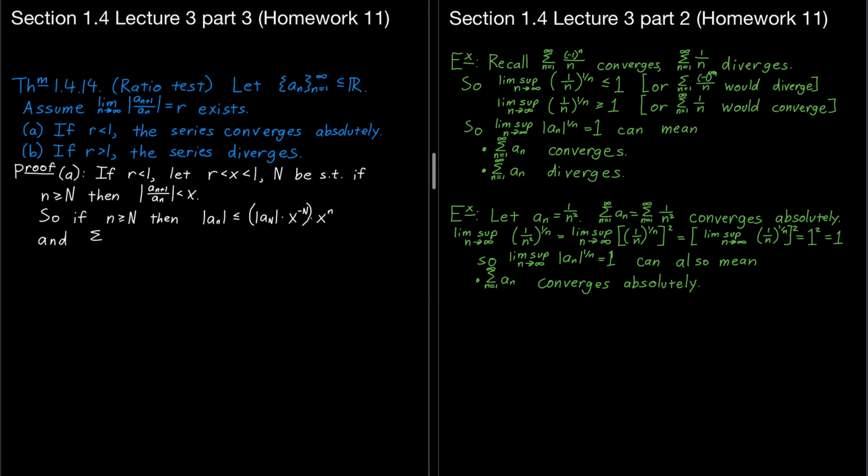And our series is a geometric series. You can pull constants out of series: you pull the constant out of each partial sum, and then it only matters whether what's left converges, which it does. It's a geometric series. So our sum of a_n converges by the comparison test.